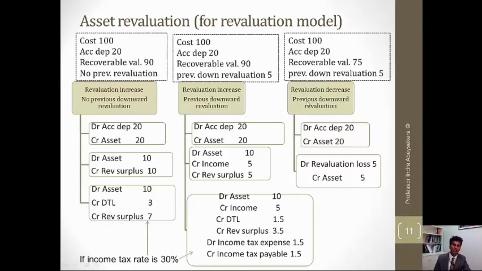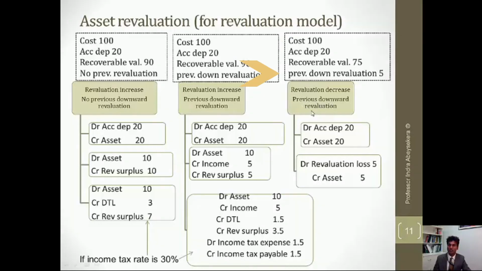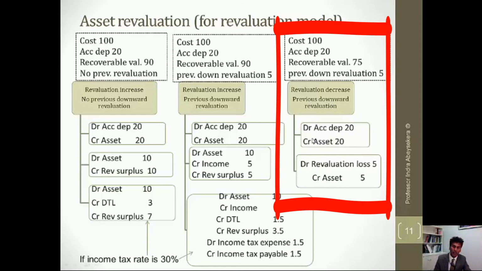Third scenario, there's a revaluation decrease and there was a previous downward revaluation. If there was a previous downward revaluation, it was a loss. Whether we revise the value upward or downwards, the first step is to reverse accumulated depreciation into the asset account.